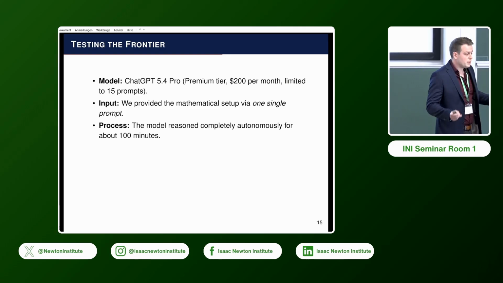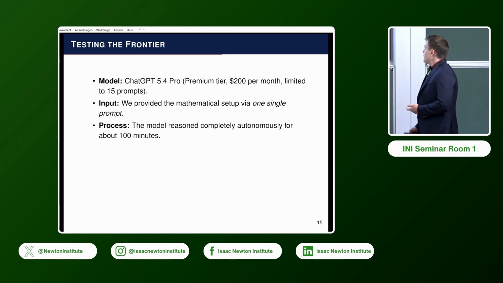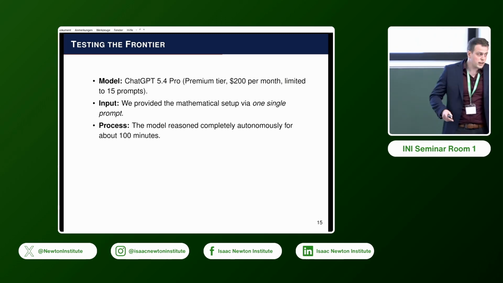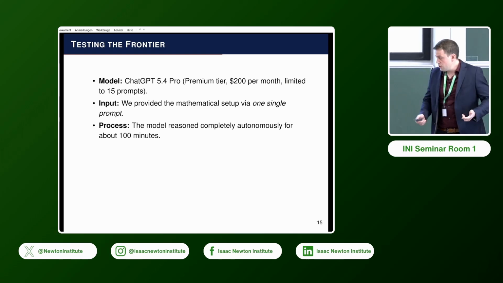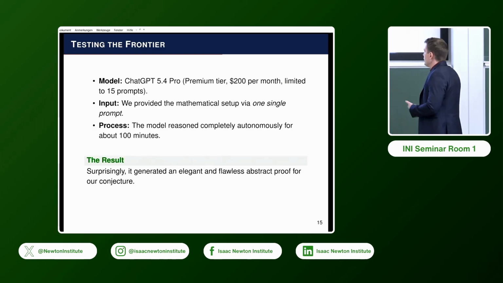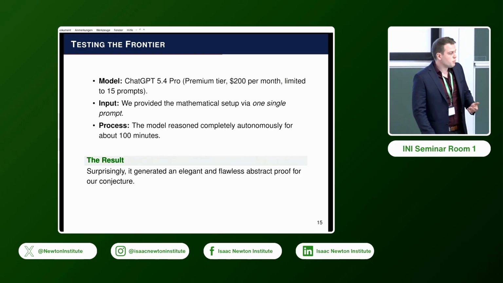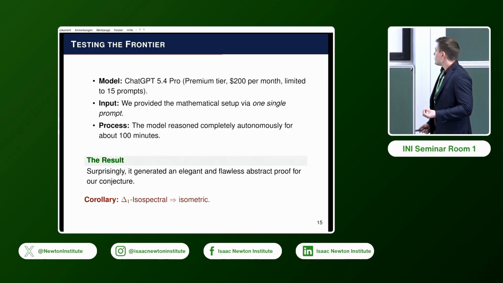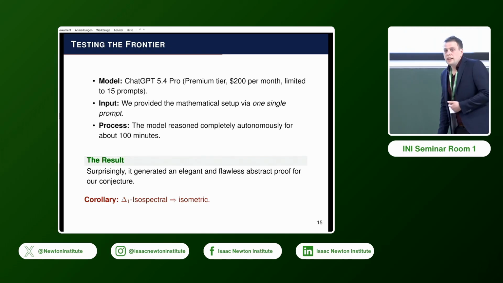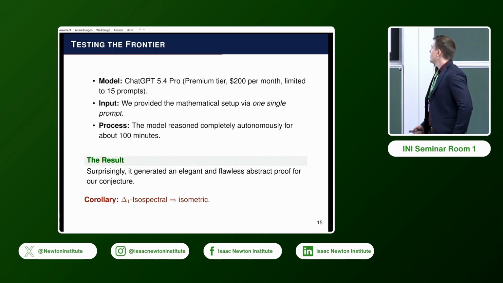The model description says that you have only 15 prompts, and so we gave it our whole mathematical instructions, and then it took, as I said, 100 minutes, and it came up with a very elegant and flawless-looking proof. We were quite amazed, and we were able to prove from this that isospectrality indeed determines the isometry class.